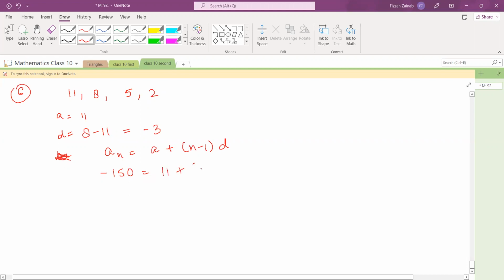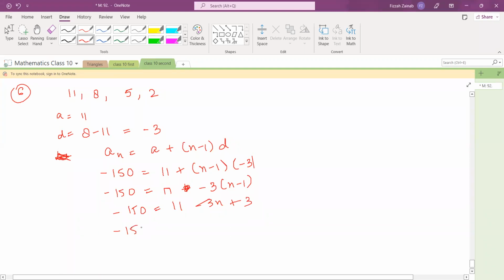Yes. d is minus 3. So you solve it. Minus 150 is equal to 11 plus, you bring this minus 3 into n minus 1. Then minus 150 is equal to 11 minus 3n plus 3.